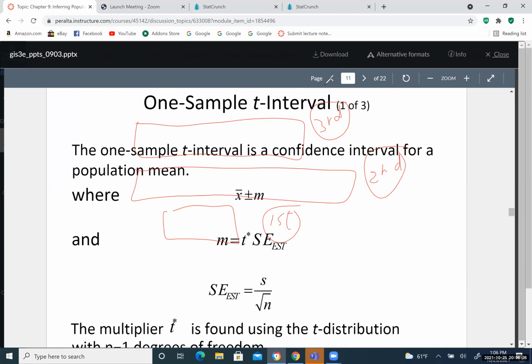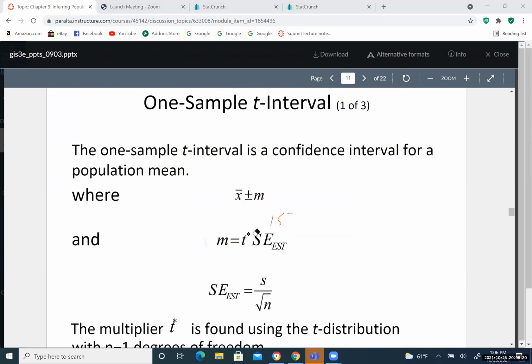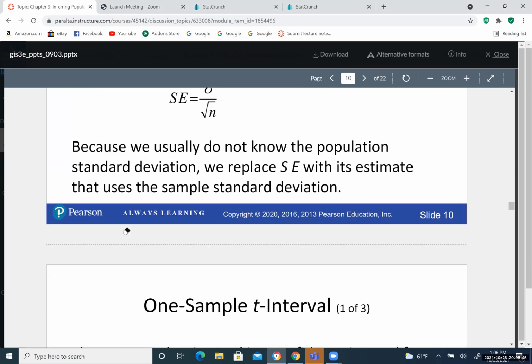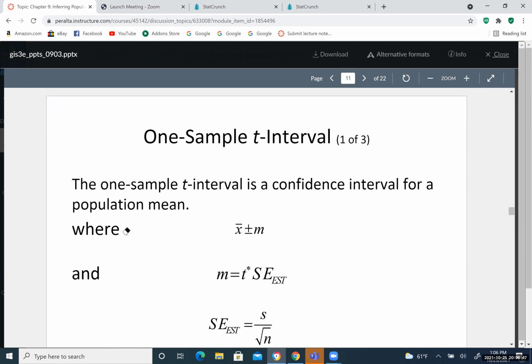Then we will differ with the example for us to look at it. So, in other words, they would like to remind us the estimator here in this case will be x bar all the time. M stands for margin of error.